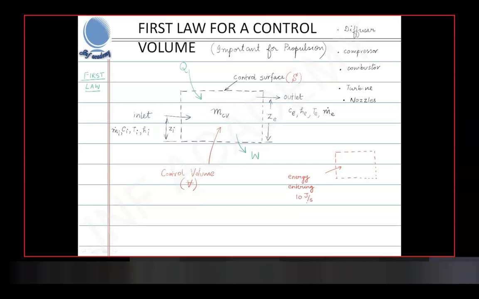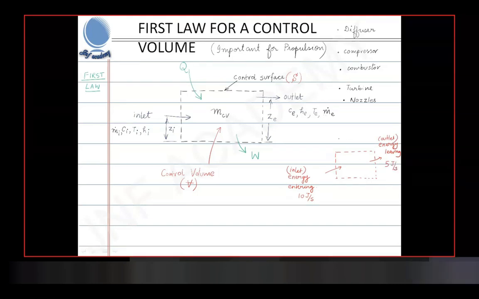Okay, we say 10 joule every second is the energy entering the control surface through the inlet pipe, and through the outlet pipe, the energy leaving in the form of the fluid is going to be, let's say, 5 joules per second.